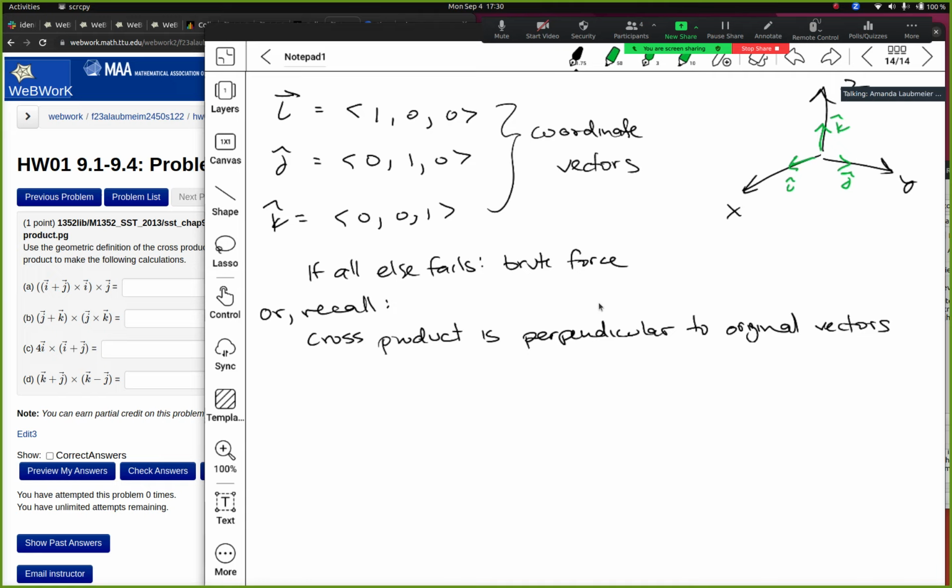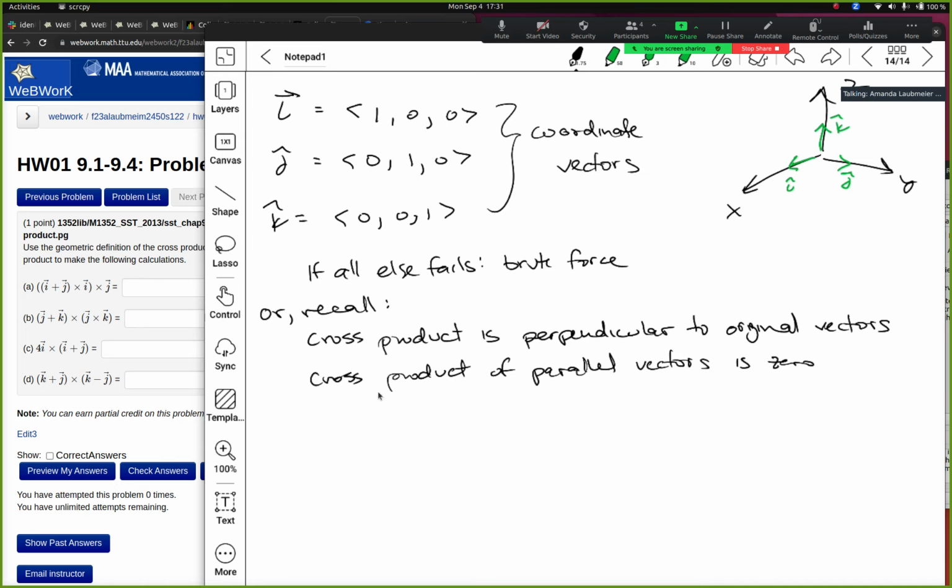And the cross product of parallel vectors is 0. You can figure that out from like the sine definition of the cross product, or thinking about the fact that it describes kind of the area of a parallelogram formed by two vectors. If those vectors are parallel to each other, then you can't form any space between them. So of course you would not get anything out of the cross product.